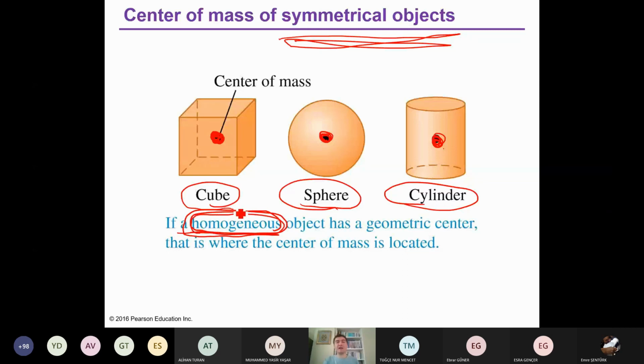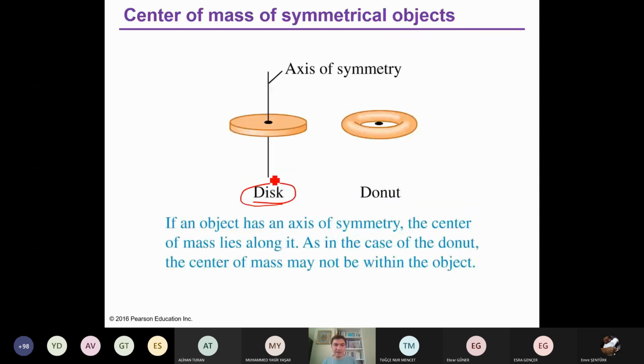So here we have another condition. If you have a disk like this, and this is the axis of symmetry, and here we have a donut. If an object has an axis of symmetry, the center of mass lies along it.